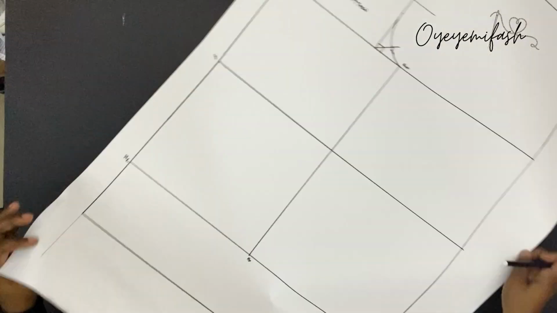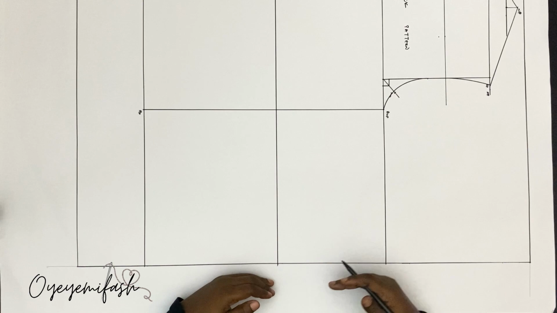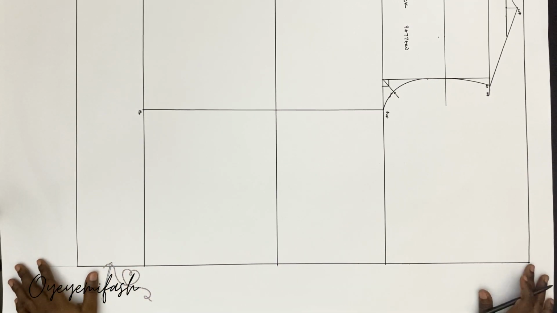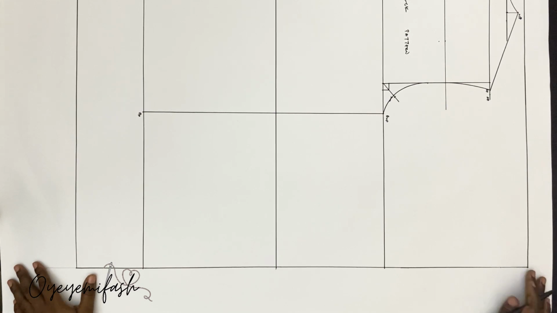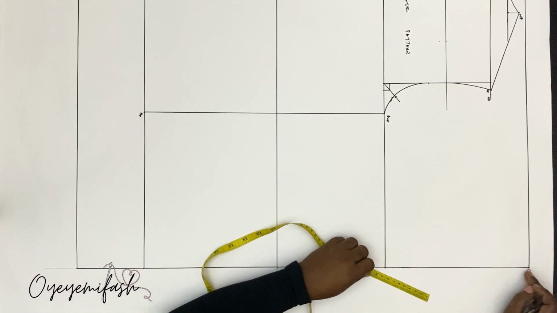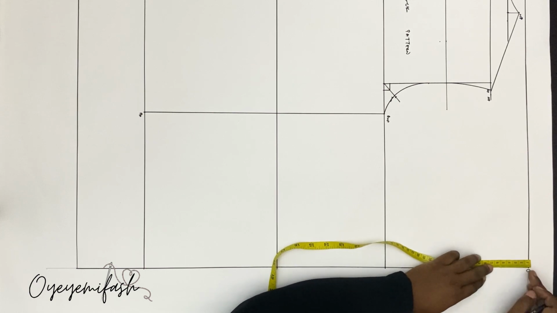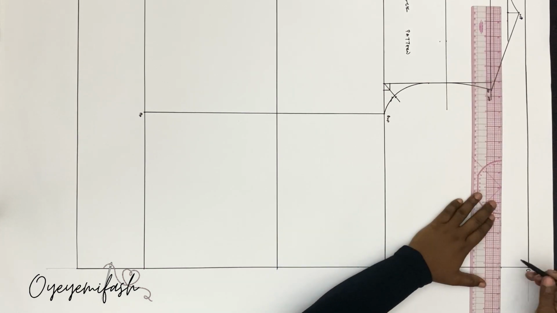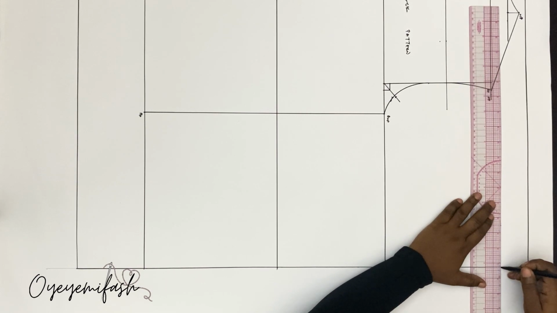For the front pattern, I turn my paper around so that the center front will be close to me. So our top line serves as point O for the front pattern. All the measurements we are going to take will be from the top line. So we label our top line as point O. For the neckline, we measure 4.5 centimeters below point O. And then I'll rule a short perpendicular line towards center back.